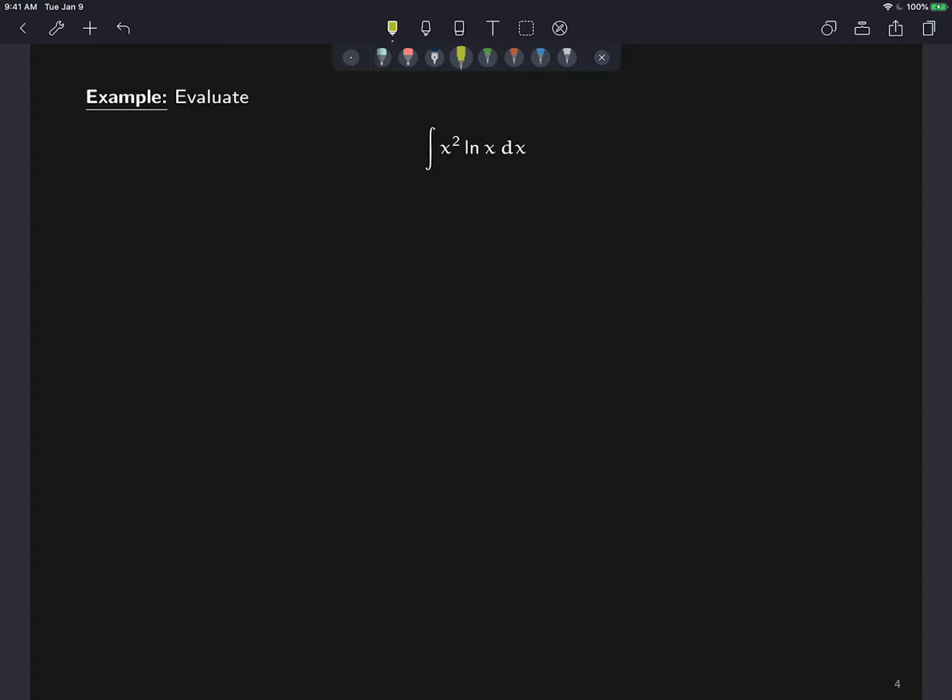So of my two functions, x squared and natural log of x, one of them is going to become u, the other one we're going to identify as dv. Which one is which? Well, in this case, if I chose ln x as dv, I would be in trouble because to find v, I would need to find the antiderivative, and I do not know how to find an antiderivative of natural log of x. In fact, that's going to be my next example.